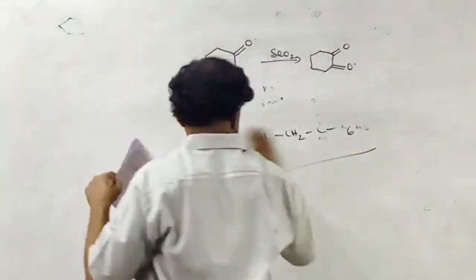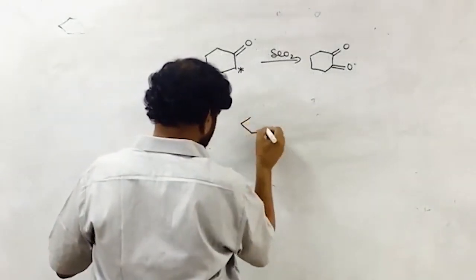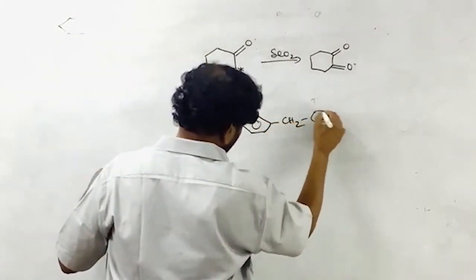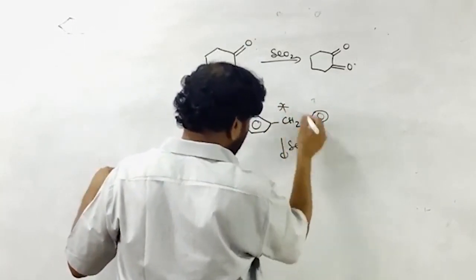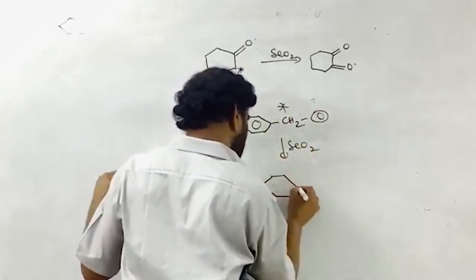And now this is the active methylene group, diphenylmethane. This is the compound containing an active methylene group. Two electron withdrawing groups are present, therefore it is converted to the carbonyl group.